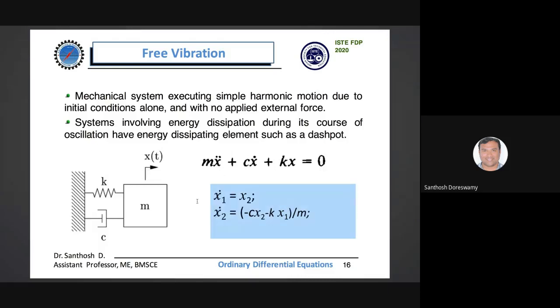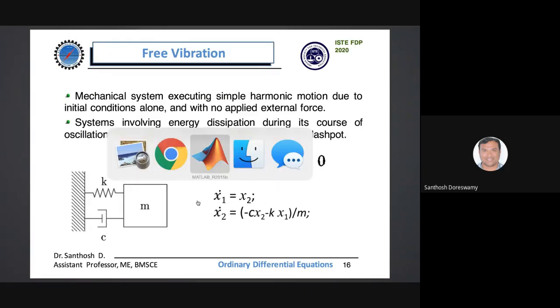So these are your two first order differential equations that got reduced from your second order differential equation, and these two equations have to be now put in the function file to obtain how an oscillatory motion of a mass is obtained in time. Okay, so let us accomplish that.